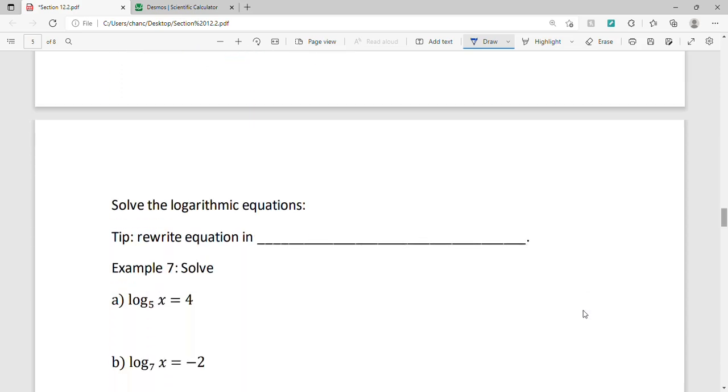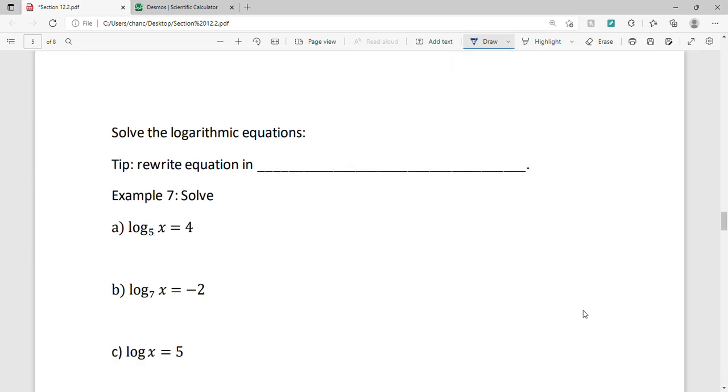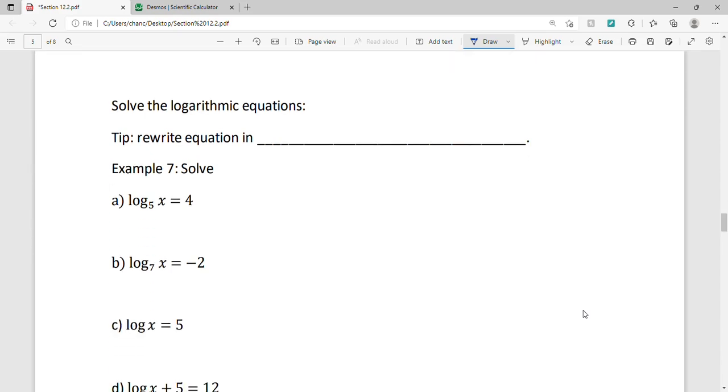So why do we need to learn how to do that? Well, it's to solve logarithmic equations. The tip here is to rewrite your equation in exponential form. Always rewrite your equation in exponential form so you can solve for x.